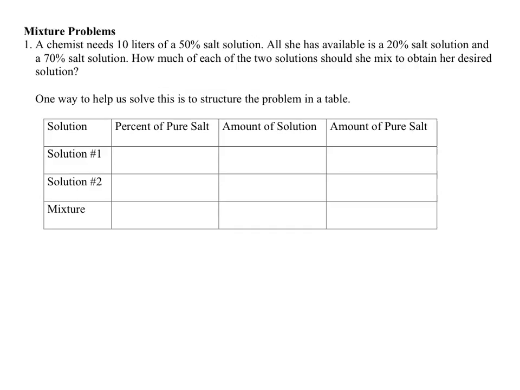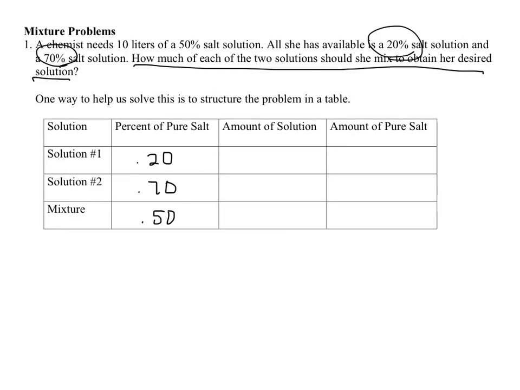When you go to do My Math Lab, you should copy these so that you can do the chart form, because it'll be easier. So we have a 20% solution, so I'm going to put 0.20, and a 70% solution, 0.70, and we want to get a 50% solution.